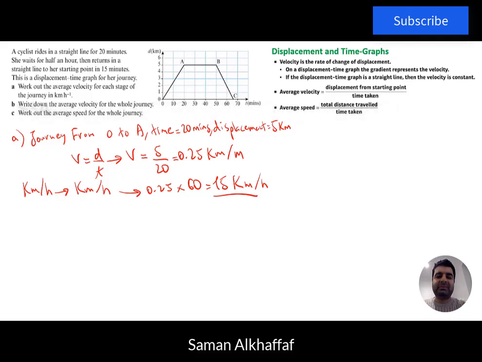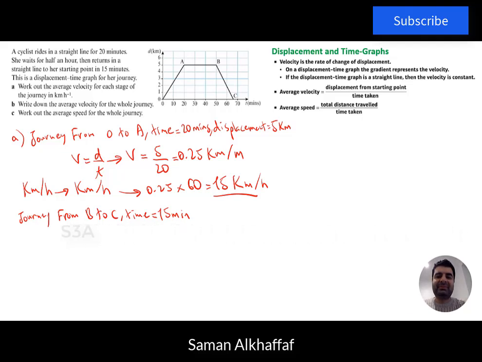Now we also need to think about the journey from B to C. In this scenario, the time is equal to 15 minutes, which is between 50 and, because we are in between 60 and 70, we say it's 15 minutes.